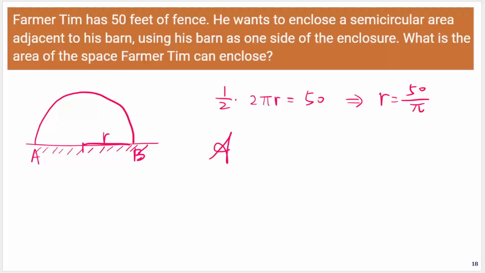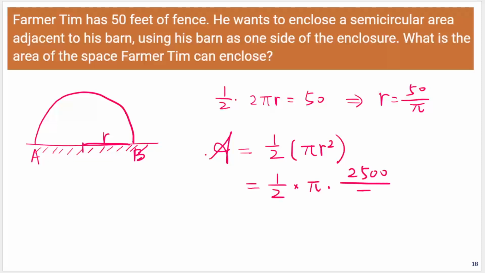Then the area of the semicircular area is 1/2 of pi r squared, right? And that is 1/2 times pi times r squared, which is 2500 over pi squared, and eventually the area is 125 over pi. The unit should be square feet.